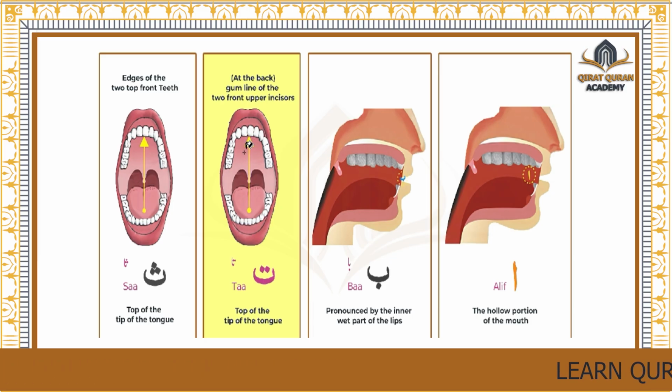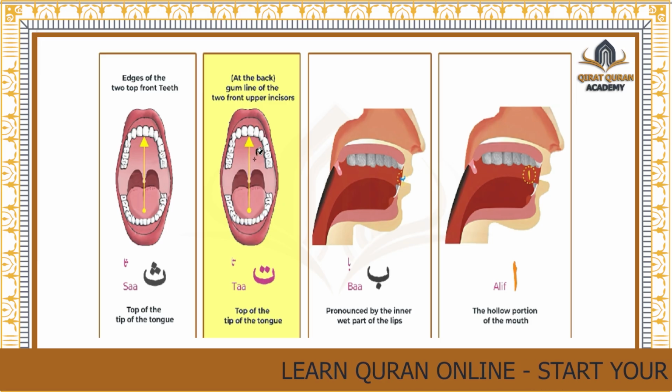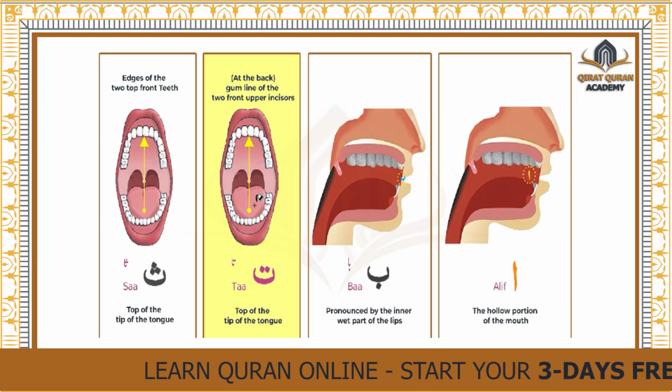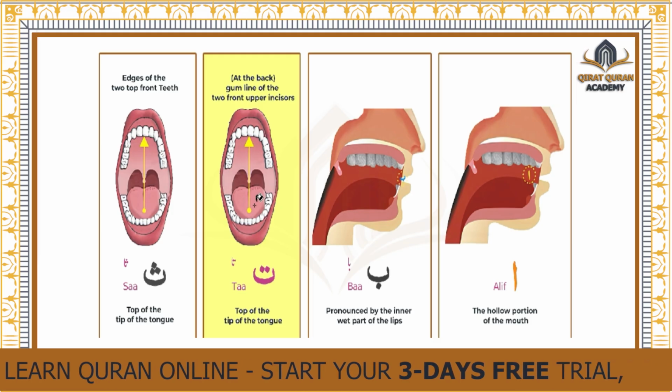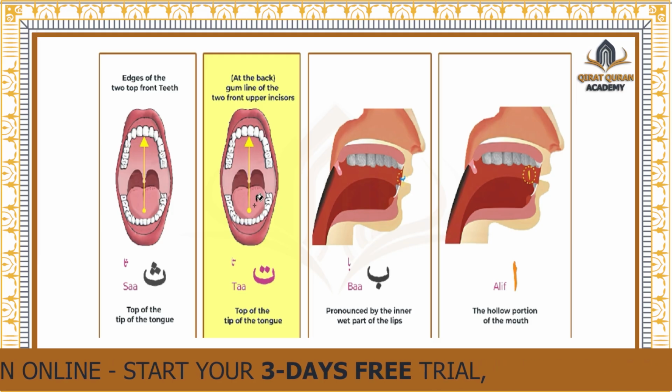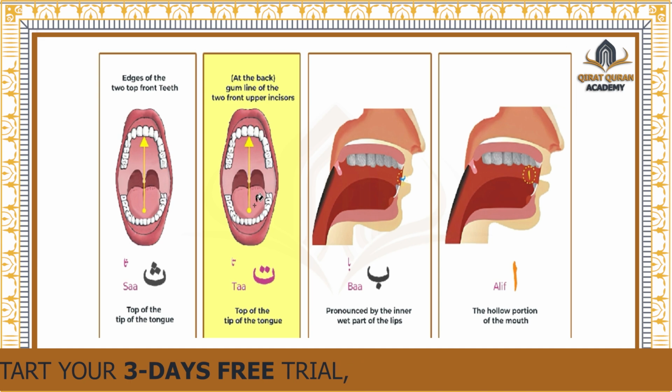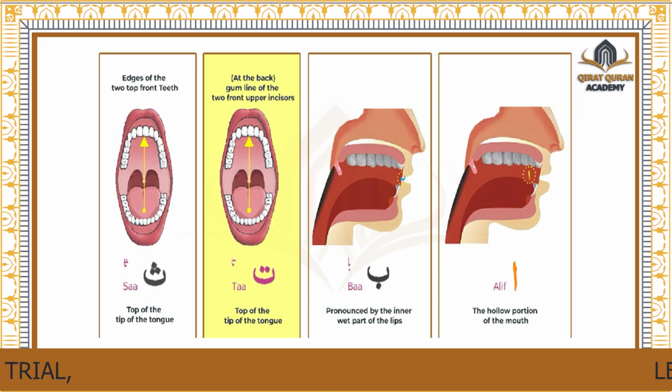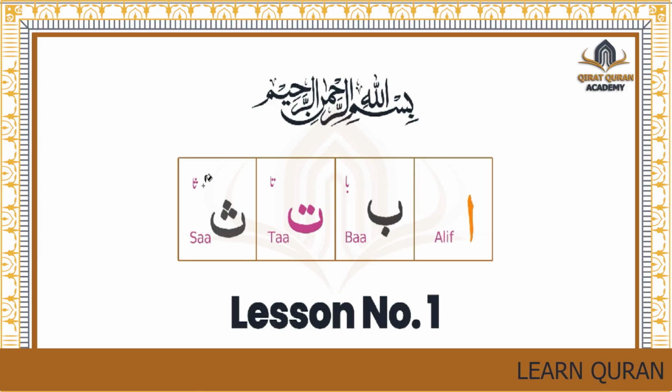We touch the inner gums when we read Ta, like Ta, Ta. So now move to the next letter, that is Sa.